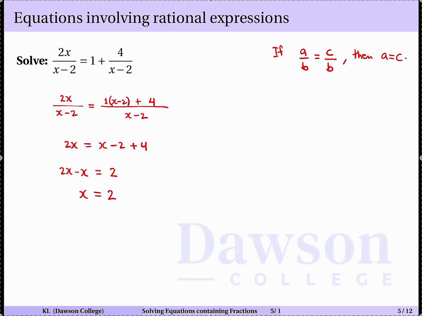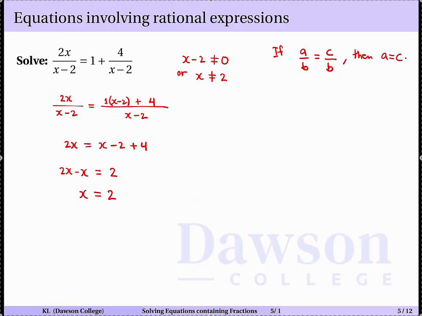Anyway, we got x minus 2 in the denominator, and we don't want this to be equal to 0. But this is equivalent to saying that we don't want our x to be equal to 2. However, we got that here, x equals 2, but we don't want our x to be equal to 2.